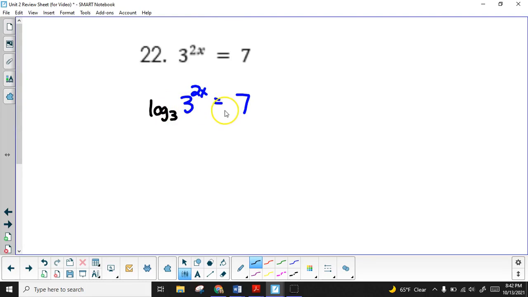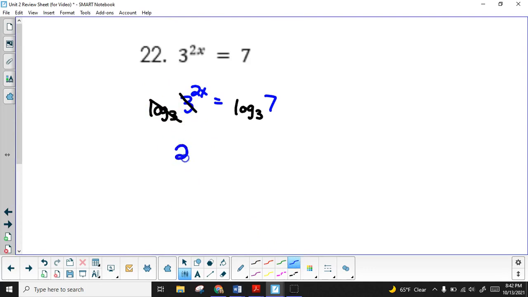If we do that to the left, then we need to do this to the right. Log base 3 of 7. So then our 3 is the base of our log and 3 is the base of our exponent, cancel each other out.